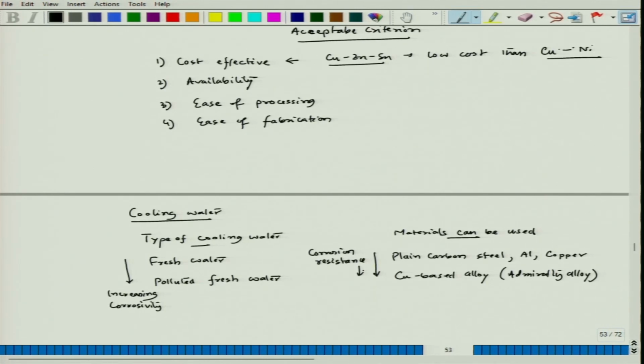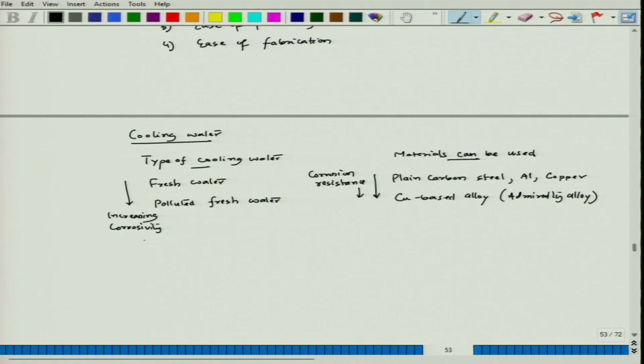Okay. Now, we can have cooling water like brackish water, or we can have sea water, but the condition is low velocity. Okay.